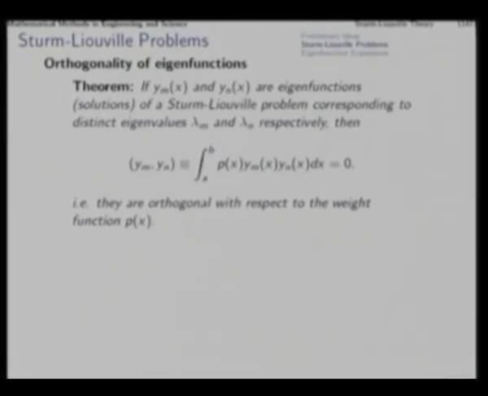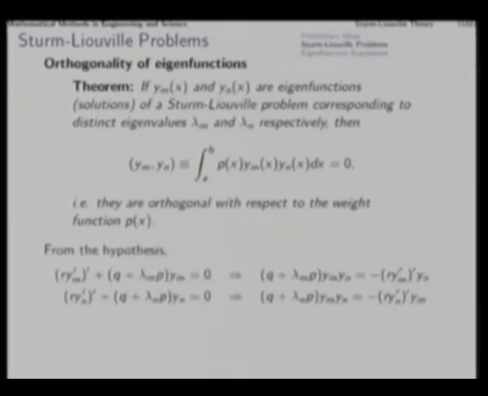What we do for that is, if ym and yn both are solutions of the boundary value problem that we have defined, that means they are in particular solutions of the differential equation also. So ym is a solution of the differential equation corresponding to eigenvalue lambda m, which will mean this, and when we multiply this with yn we get this.